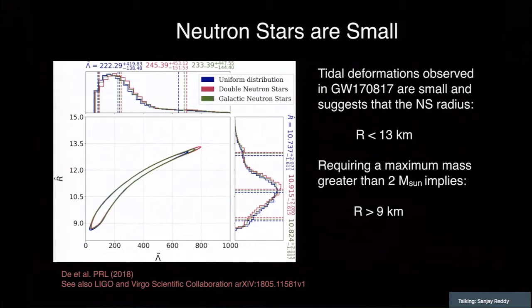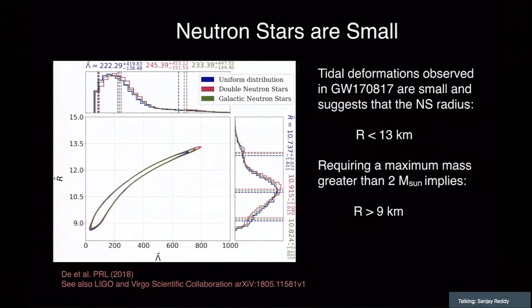There have been many recent articles over the last 2 years trying to do the best job possible to extract this tidal deformability, and the results from one of the most recent analyses are shown in this figure, where on the y-axis we show the radius of the neutron star, and on the x-axis the favored value of lambda tilde from this first observation of a neutron star merger called GW170817.